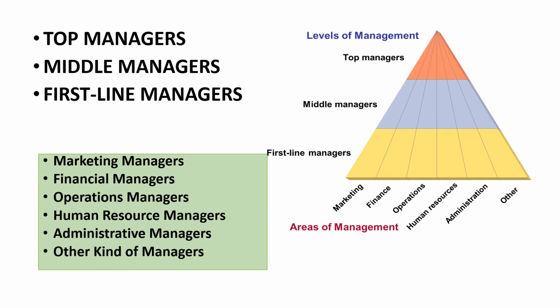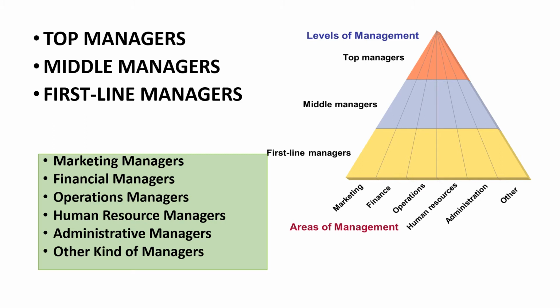Now let's go to the first line managers. The first line managers are managers who supervise and coordinate the activities of operating employees. They are usually the supervisors, directly supervising the laborers or the rank and file employees.